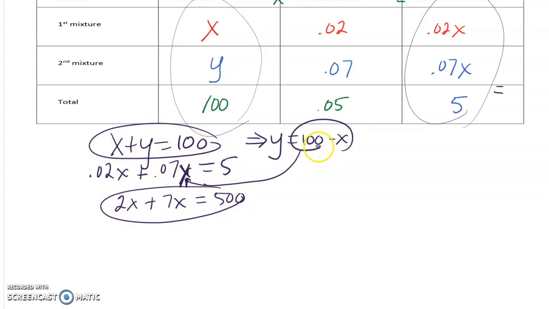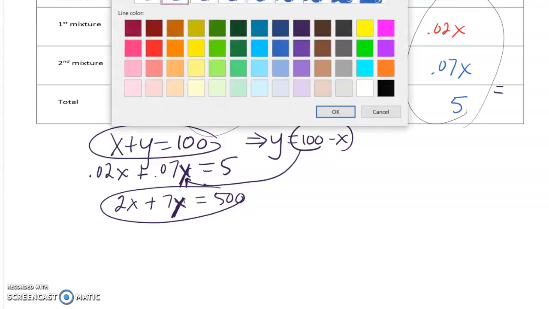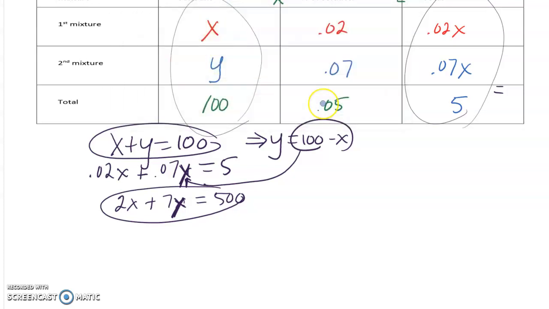So now we're going to substitute in y. Why do I keep changing that to an x? I don't know. So I'm going to plug in 100 minus x for y. So 2x plus 7 times 100 minus x equals 500.